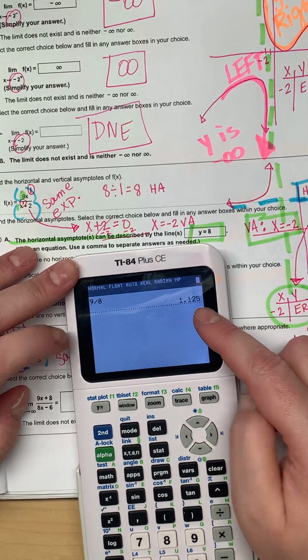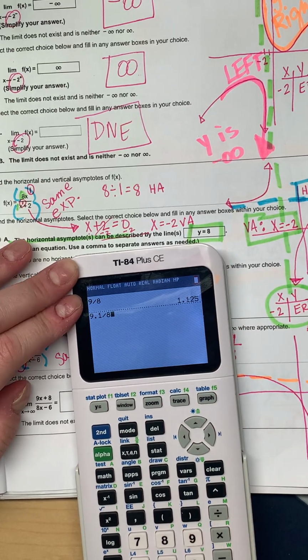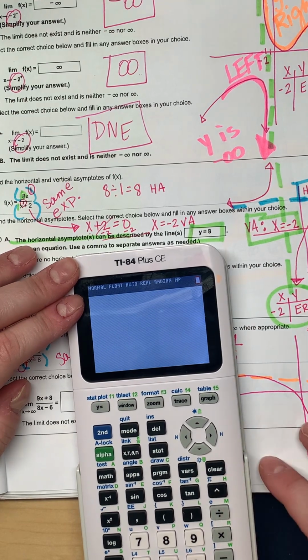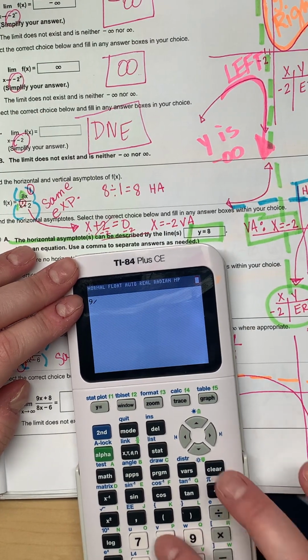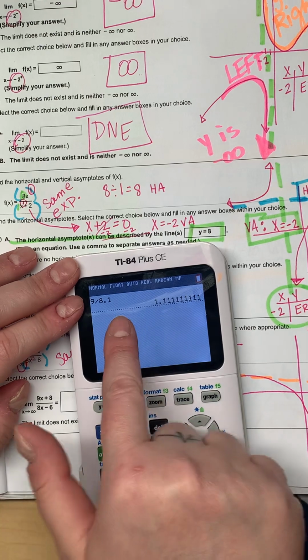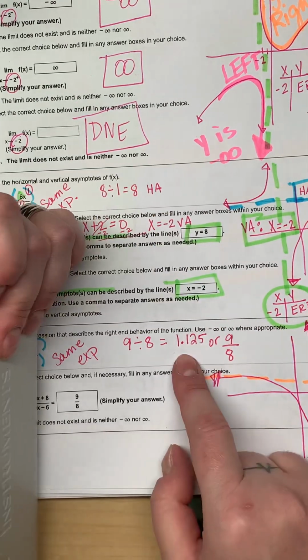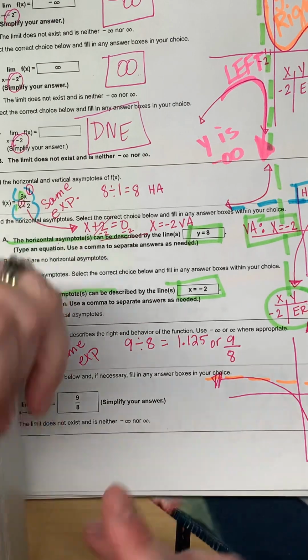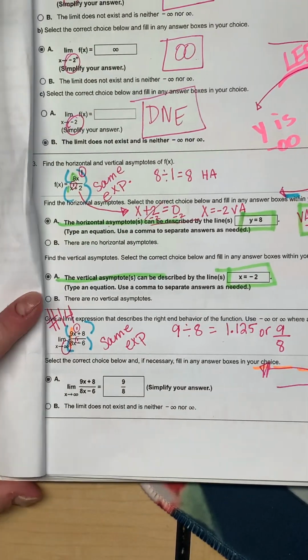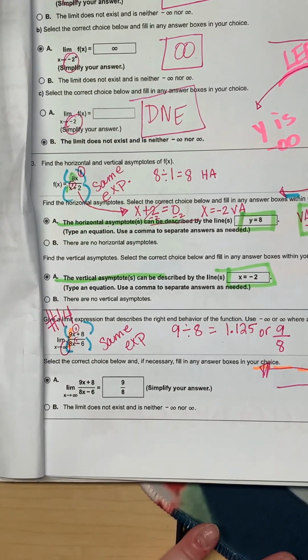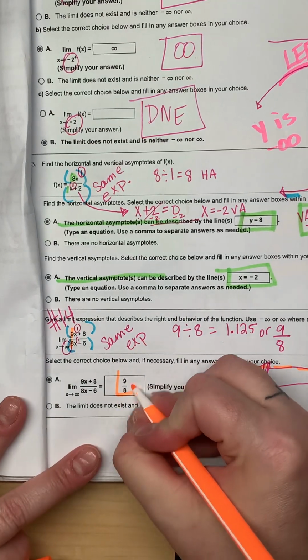If this was a decimal that went on forever, I would not type that in. Instead, I would use the fraction. Okay, but either way, our horizontal asymptote is 9 over 8.